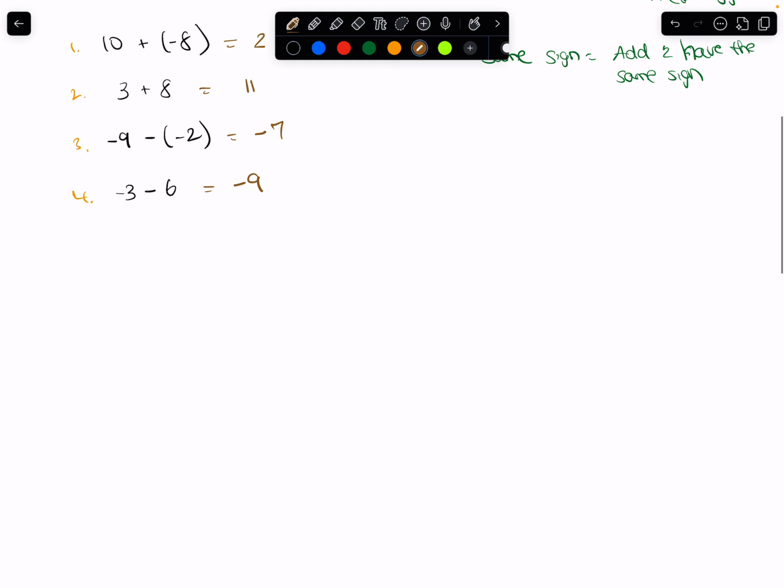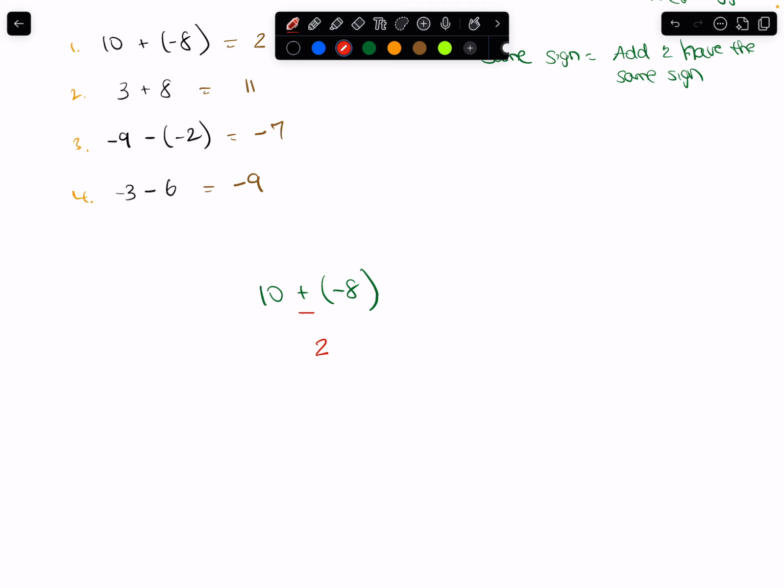First, 10 plus -8. Middle sign is positive. No need for keep change change. The signs between the two numbers are different, so therefore we do subtraction. 10 minus 8, 2. Sign of the bigger number, positive because it's 10.